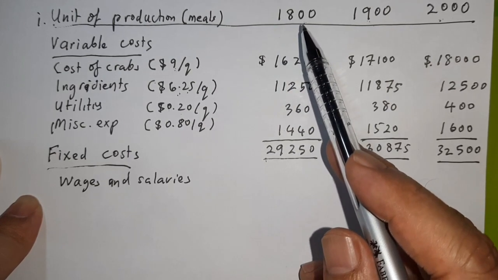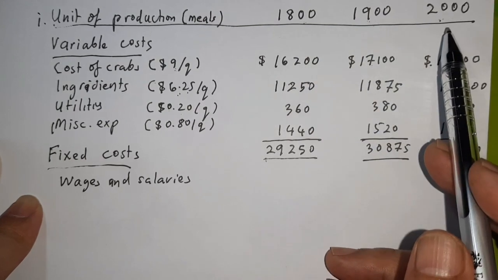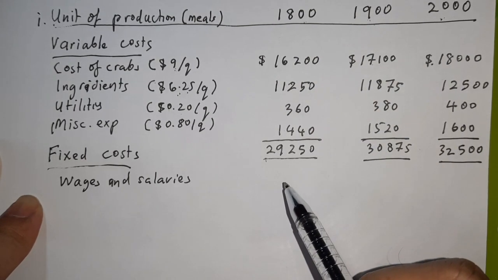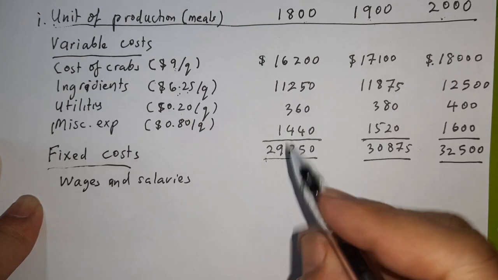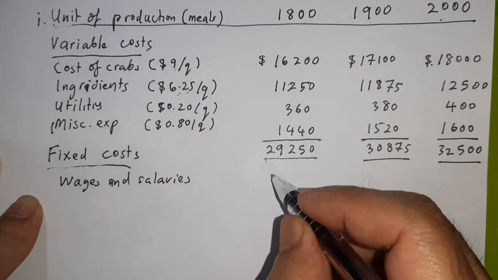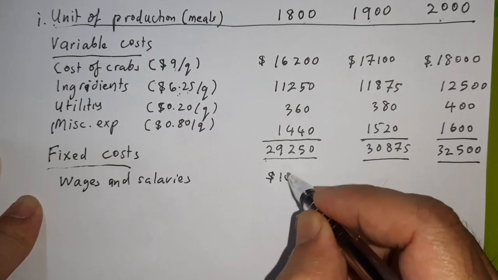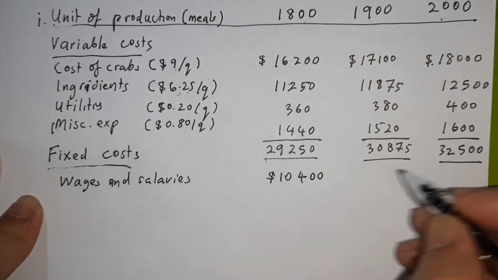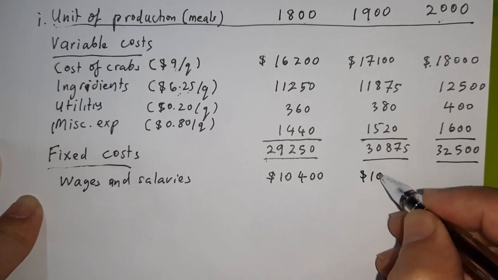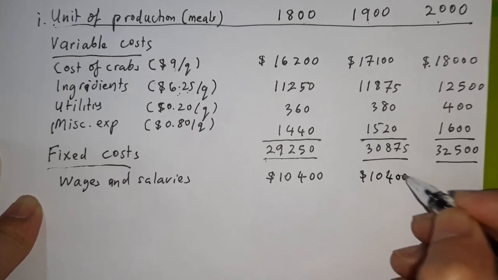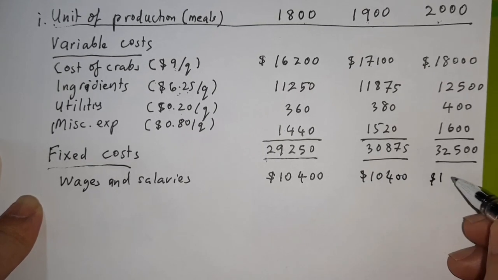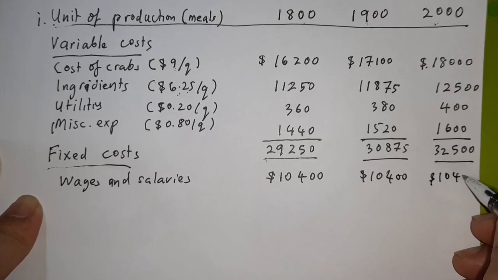The quantity is 1,800, 1,900 and 2,000, but the fixed cost is always the same. So wages and salaries is 10,400. This one is also 10,400. It is also 10,400.